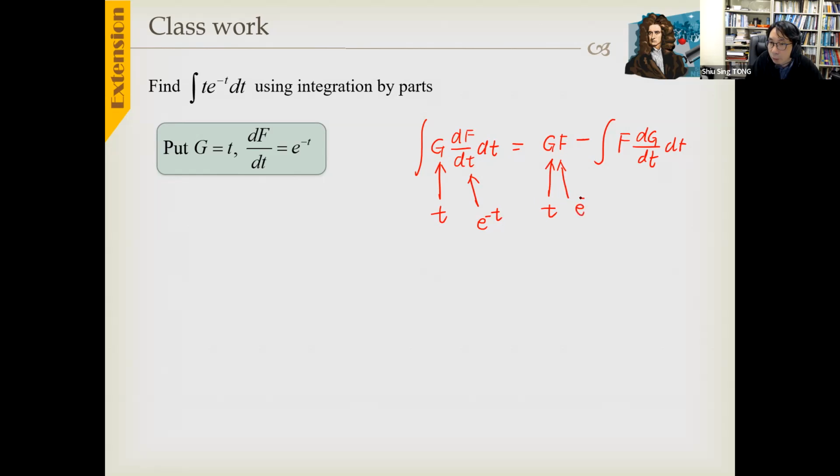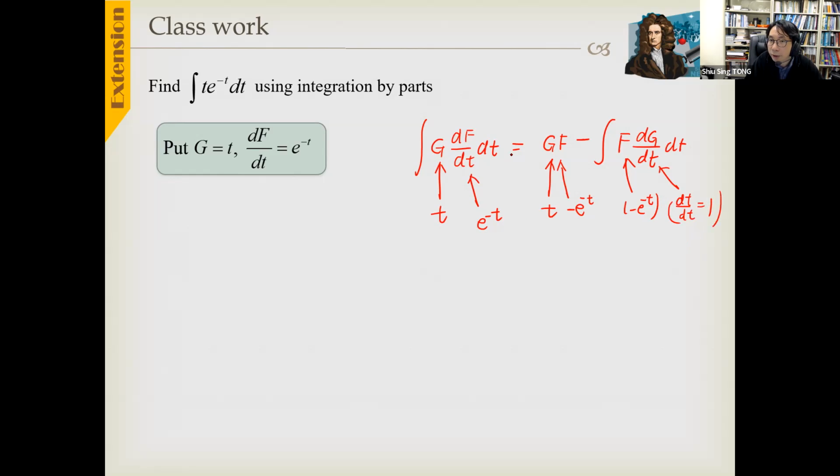The integral of this is e to the power minus t, but there's a minus sign that goes with the t, so the minus sign goes out. I have this function. Okay. f is again this one, right? And dg/dt is dt/dt, right? Which is 1.